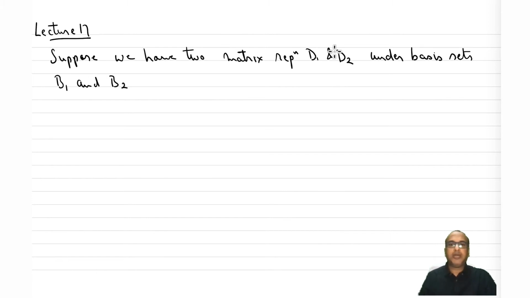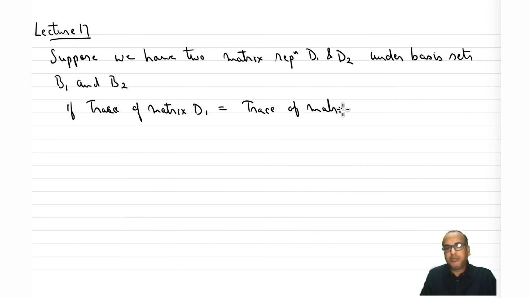So the dimensionality of the matrix for D1 and D2 will also be same. Also, if trace of the matrix D1 is equal to trace of the matrix D2, we call the representations D1 and D2 as equivalent.